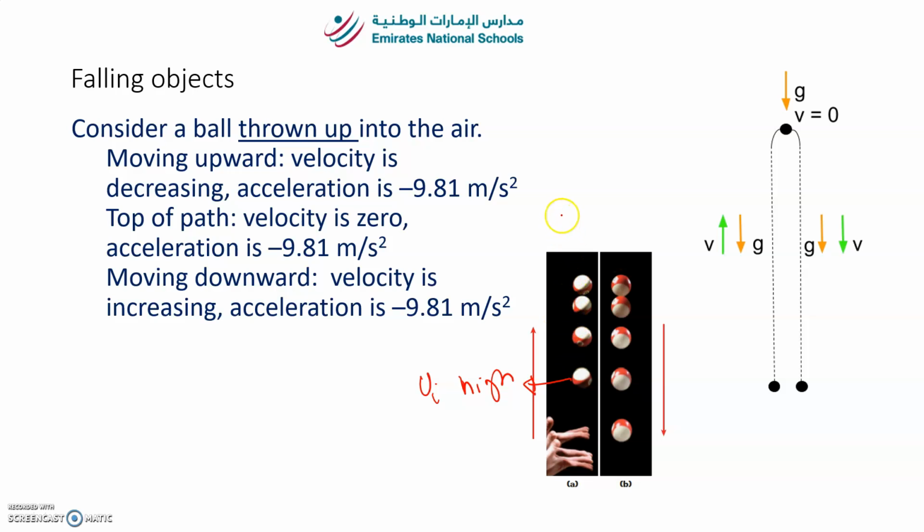The speed starts to decrease till it reaches a point where V final is 0. And then it falls down again. When it falls down again, it will start with initial speed 0. And what will happen? You see, it's accelerating. Speed is increasing. It will reach the maximum speed just before it hits the ground.